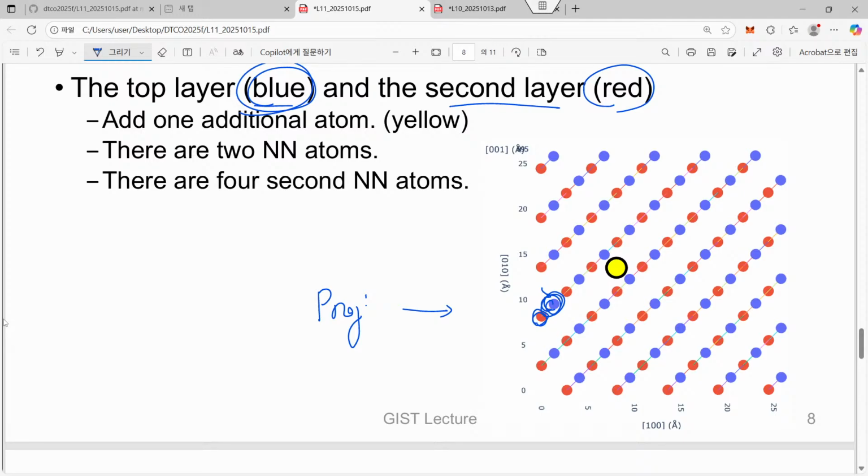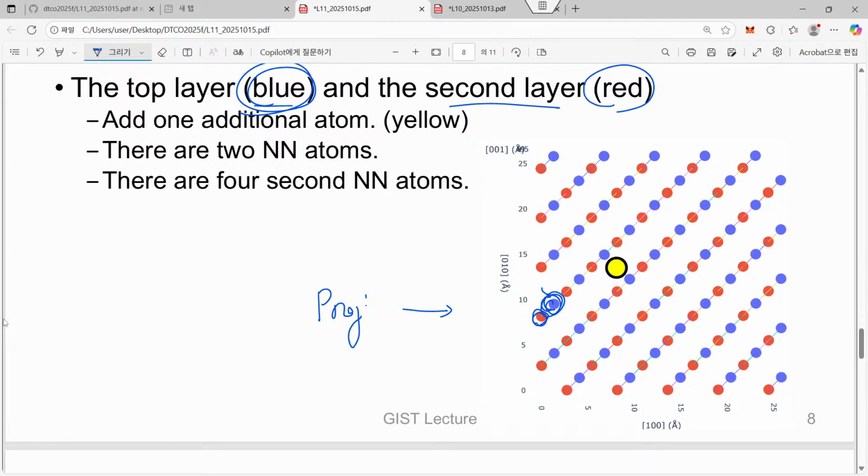And now think about the perfect surface. Now we have a plane of blue dots, and just beneath it we have planes of red dots. And now we want to add the next level of silicon atoms, because we want to grow a new layer. Then where is the right position for our new layer?